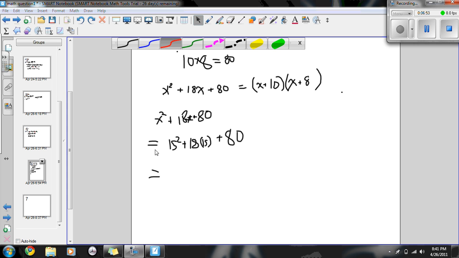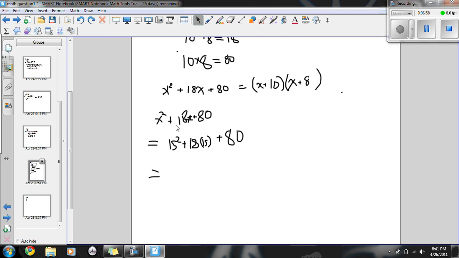Okay, so now I substituted 15 into them. I substituted the x here and the x over here, and put 15 in them, so it'll be 15 squared plus 18 times 15 plus 80, and that'll give you 575, yeah, 575 centimeters.